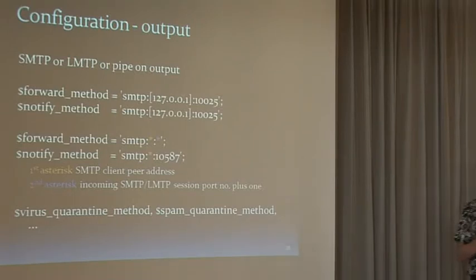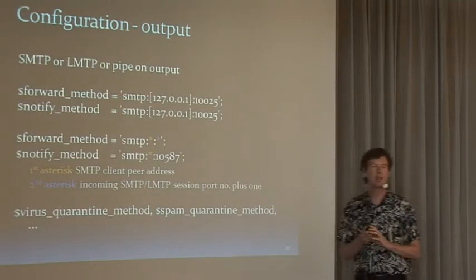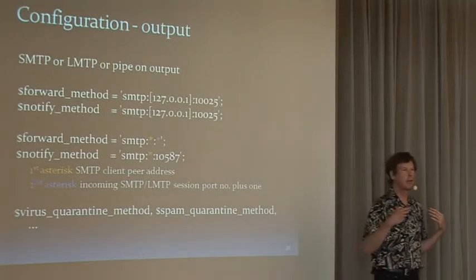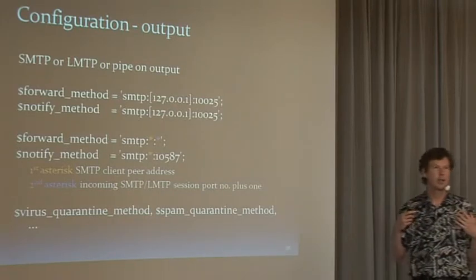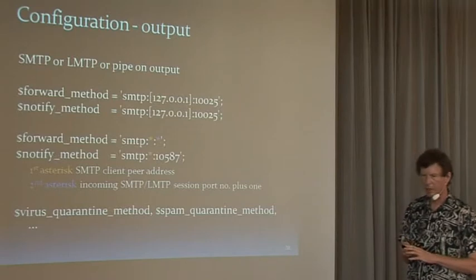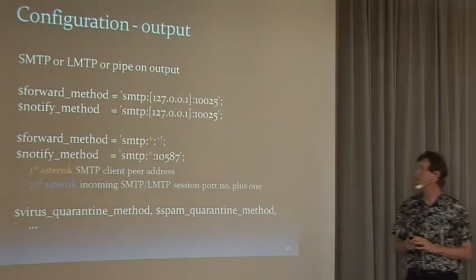So it may be acceptable to send a non-delivery notification, especially for internal users. If you know the mail is coming from inside, it's quite likely the sender is legitimate, so a bounce would be acceptable in this case.